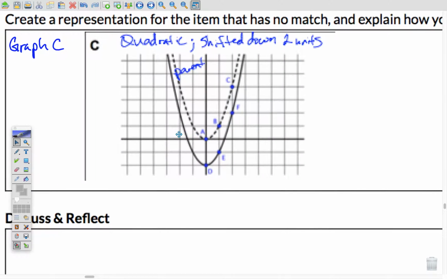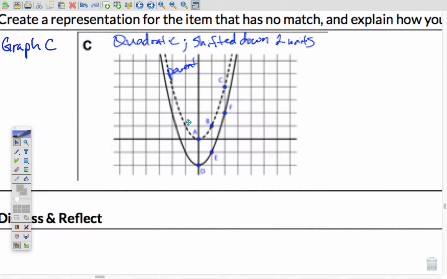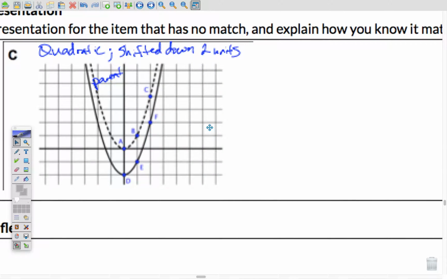All right, so let's start off with our parent function so we can see those points A, B, C, and D. So we have x, and my x is at 0, 1, and 2. And next is going to be f of x, so that's our parent function.